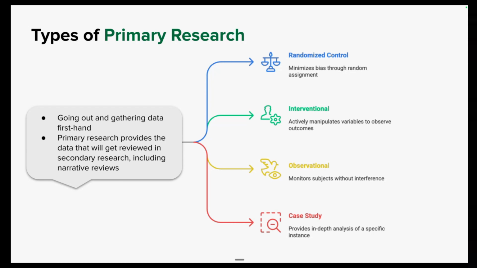So interventional looks at actively manipulating a variable in order to see what happens. So we might have a whole bunch of patients come into the ER, and then we give half of them a particular treatment and then the other half standard of care, and we observe what happens to the patients who we give standard of care to and what happens to the patients where we give them this particular intervention. Observational simply looks at outcomes.